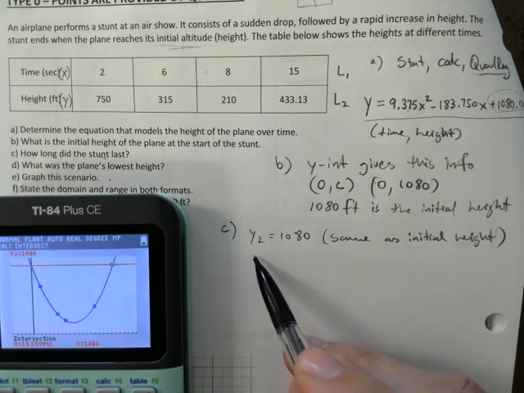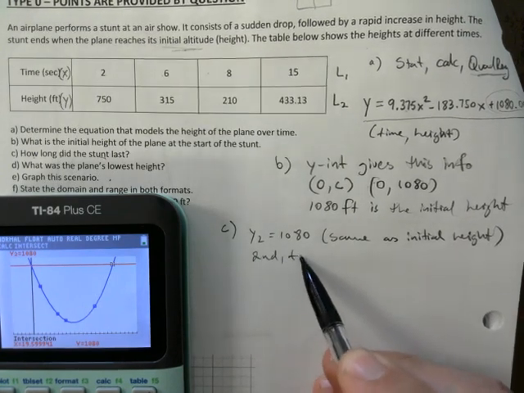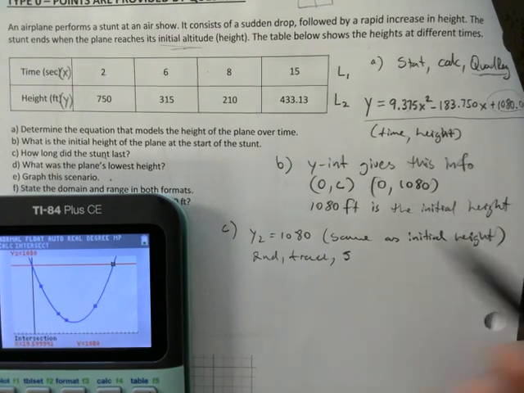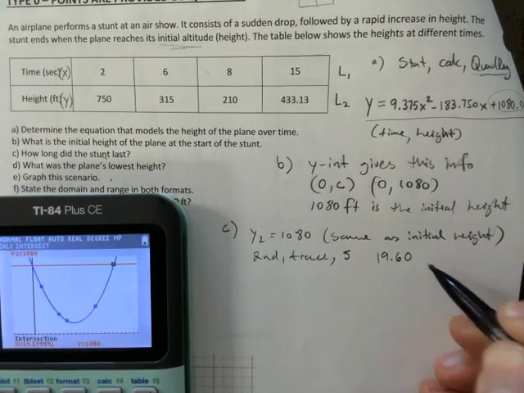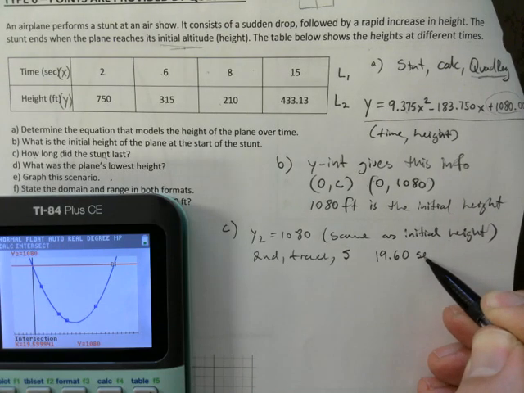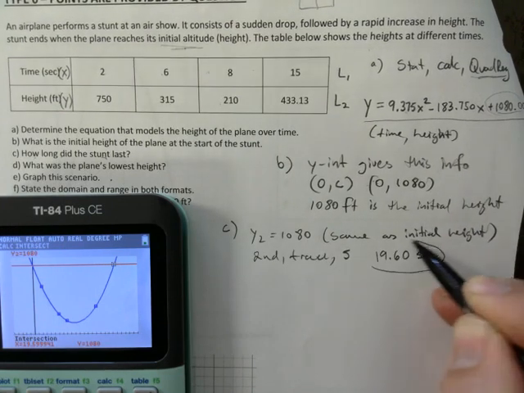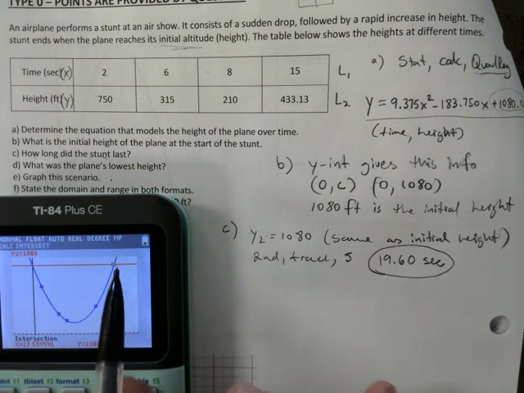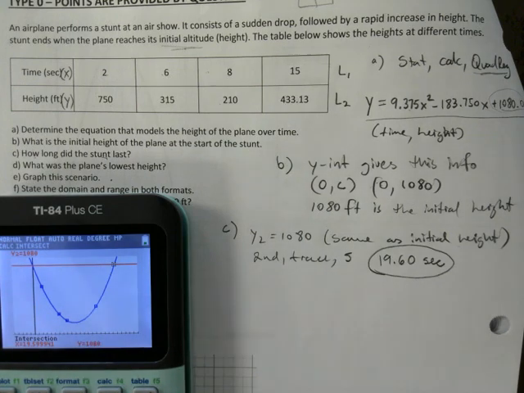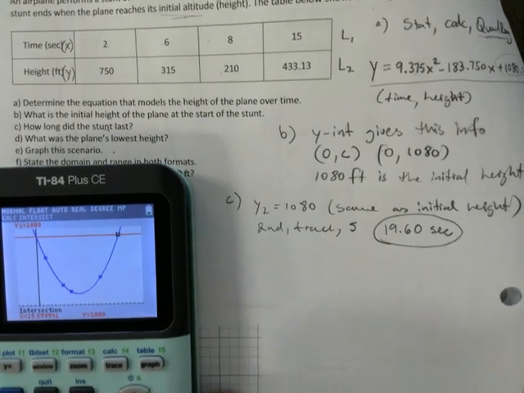And then we're going to go second trace 5, and we get 19.60 seconds. You can put the coordinate down first and then just tell me seconds, right? Then I know you understand what's happening there. So from time 0 to time 19.60, right? So that's how many seconds went by. Okay.